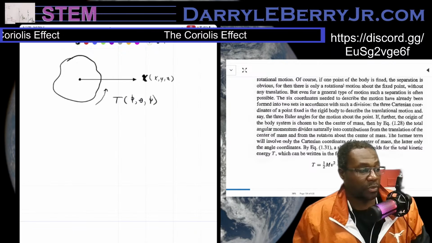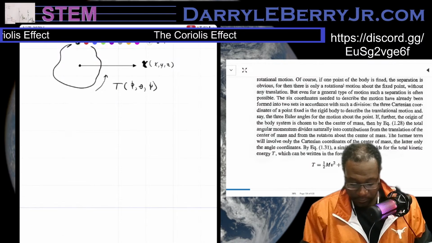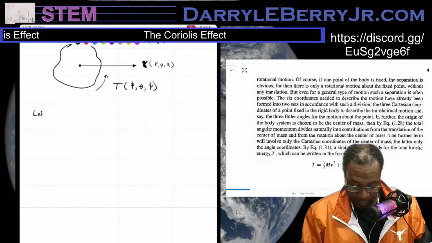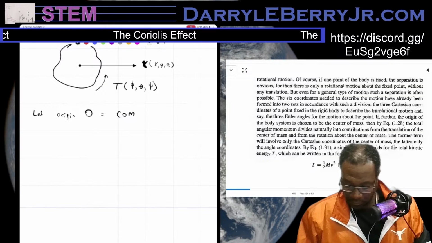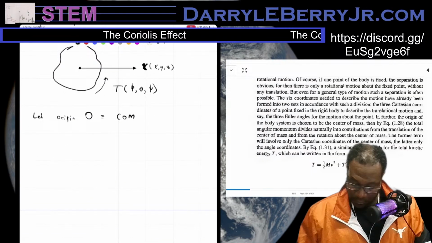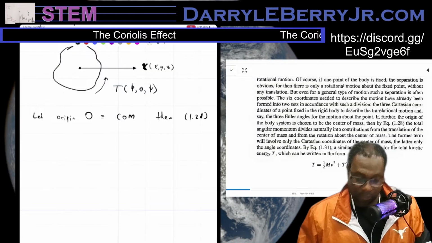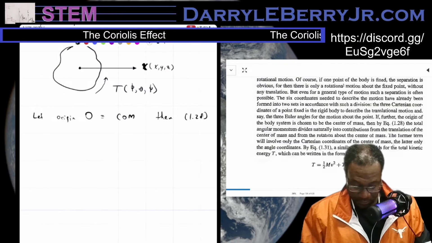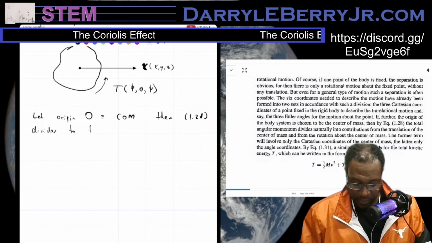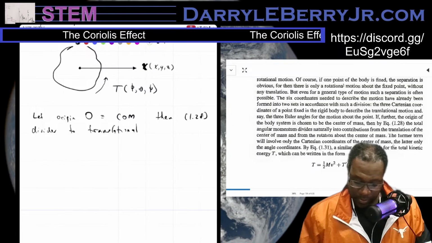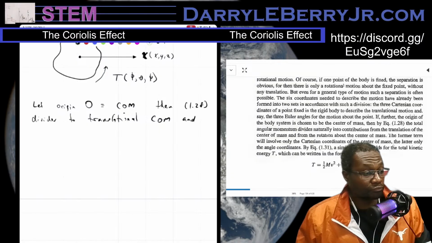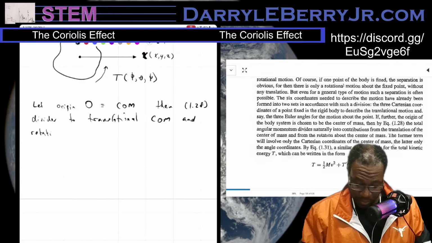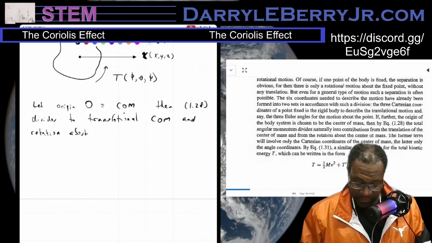If further, the origin of the body system is chosen to be the center of mass, then the motion divides into translation of the center of mass and rotation about the center of mass.